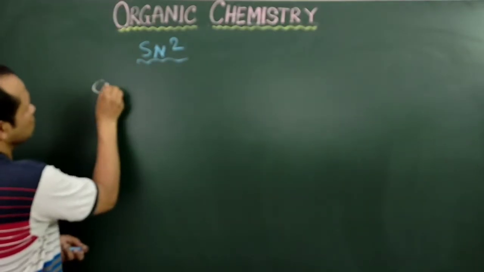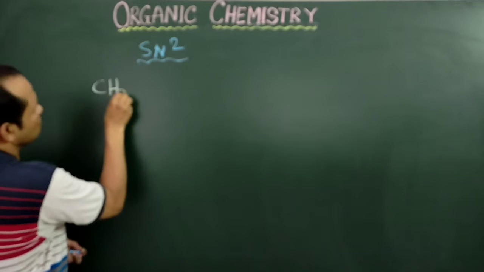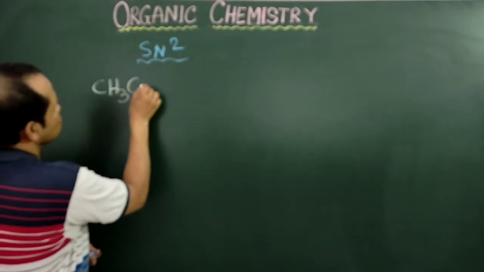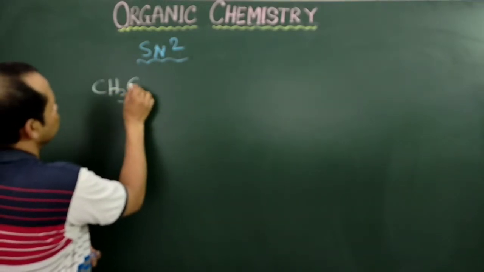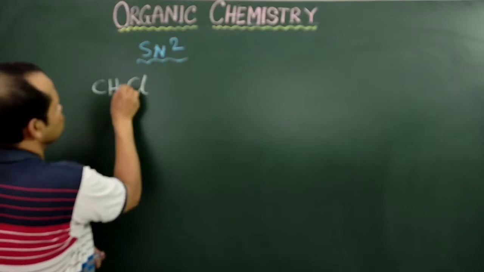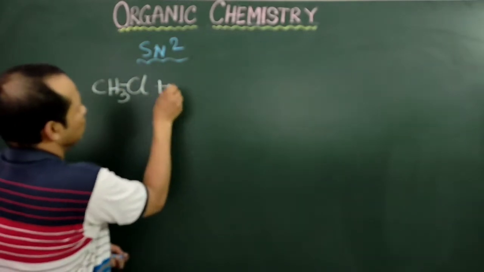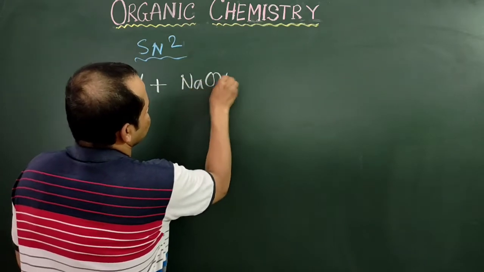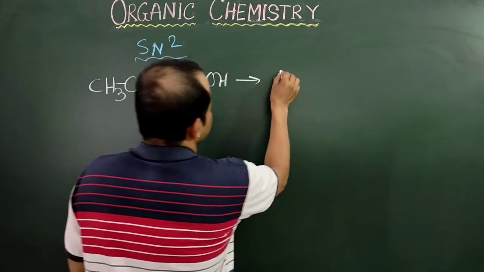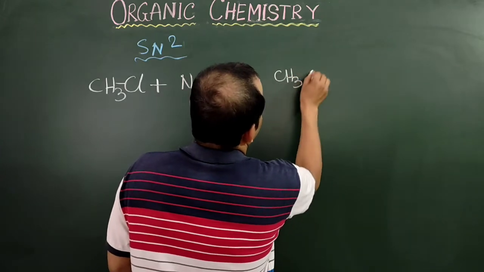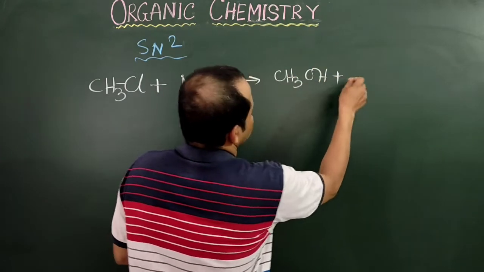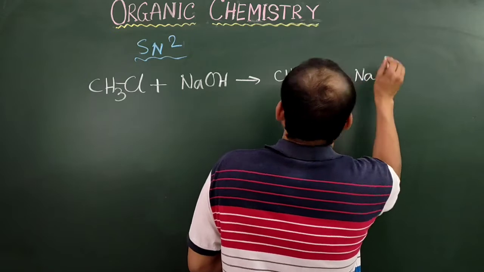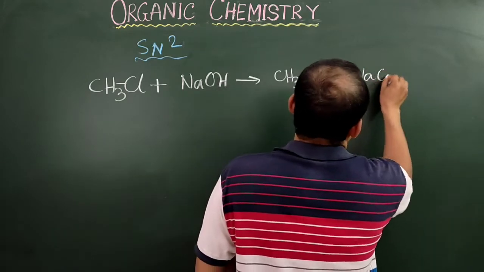If we consider this reaction, let us take one CH3 group along with one Cl, that is CH3Cl, and this is allowed to react with sodium hydroxide, forming methyl alcohol along with sodium chloride.